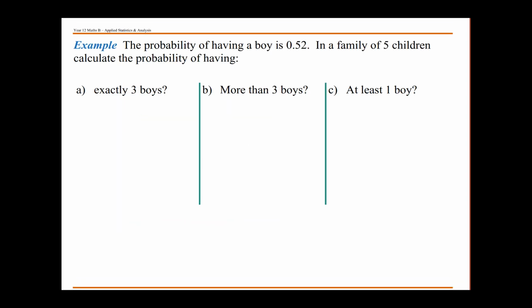So let's look at an example. Here we have the probability of having a boy is 0.52. In a family of 5 children, calculate the probability of having exactly 3 boys, more than 3 boys, and at least 1 boy. Now this is a binomial distribution because having a boy and a girl are discrete events.